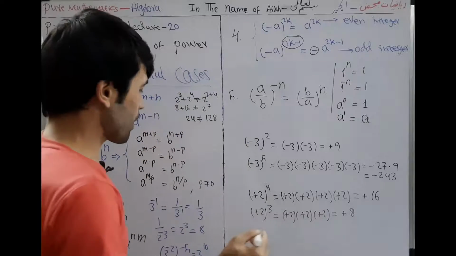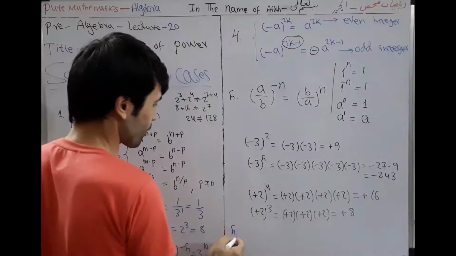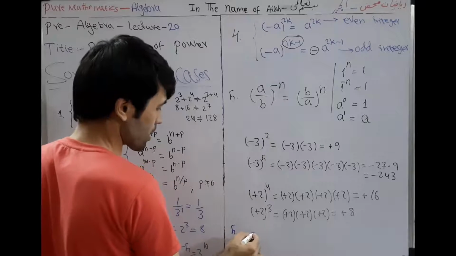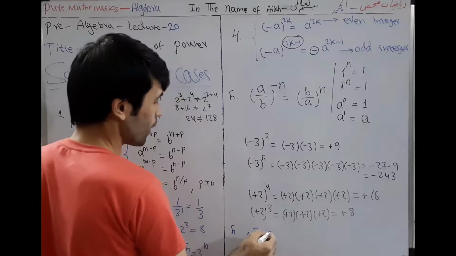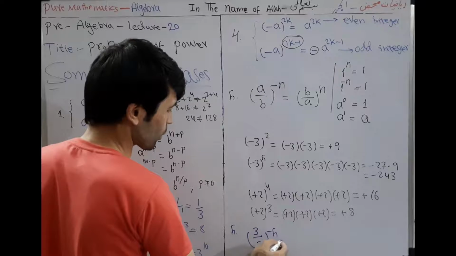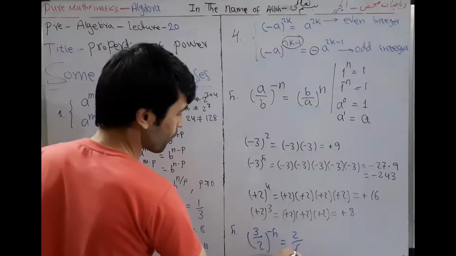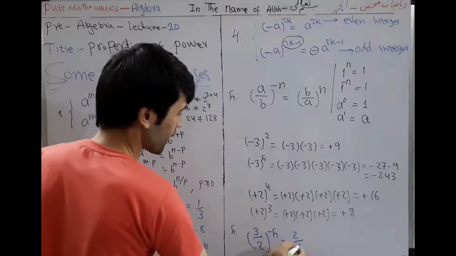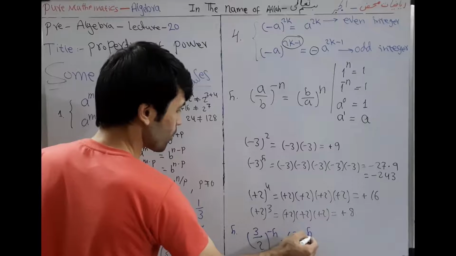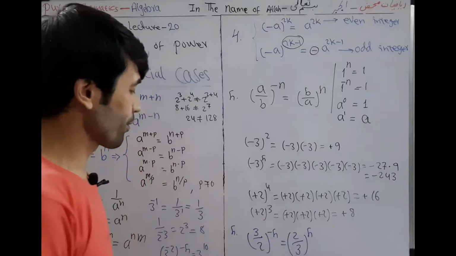Another result, number 5. We want to solve a question. If we have 3 over 2, whole to the power minus 5, it is equal to 2 over 3, whole to the power positive 5.